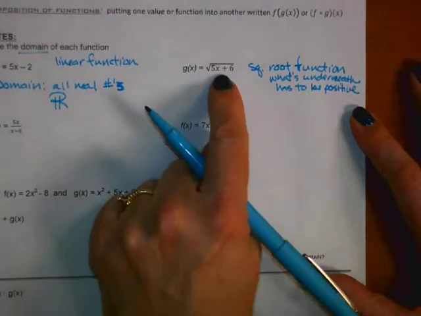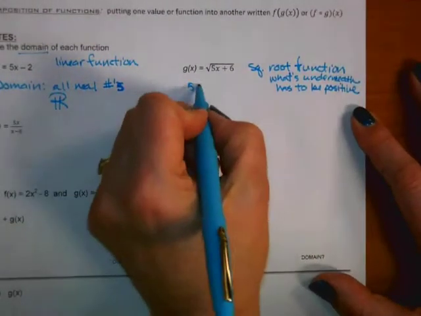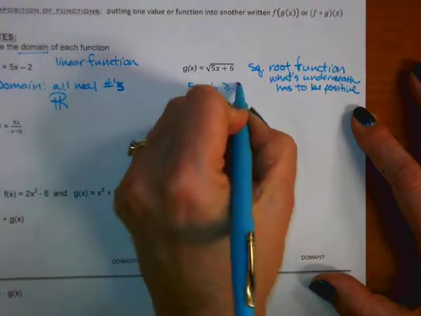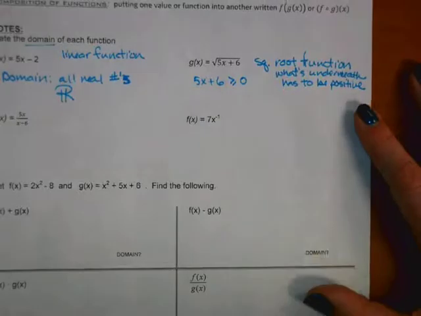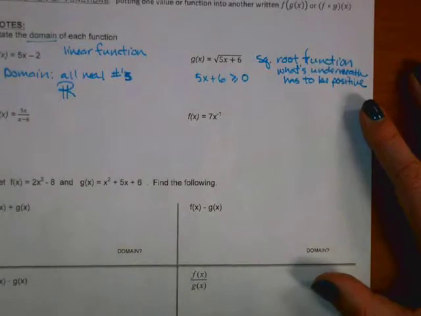So we have to figure out what x value makes 5x plus 6 greater than or equal to 0.